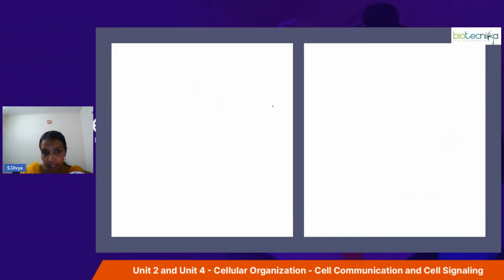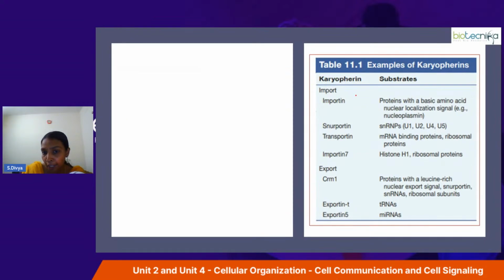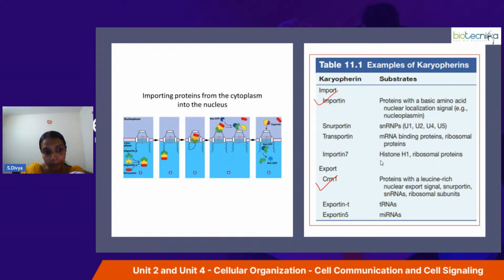After that, remember these karyopherin receptors. You have importin receptors, exportin receptors. Okay, if you remember that, it is going to help you further. Then understand how the proteins are imported inside the nucleus. This is your NPC, nuclear pore complex. These are the receptors carrying the cargo, tethering to the filaments, releasing inside the nucleus.